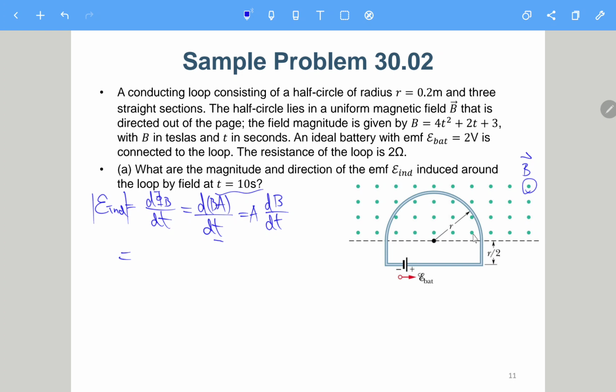Okay, so this is a half circle or semicircle, so we have half of pi r squared. r is 0.2 meter. Okay, so 0.2 squared. And then we have d phi B dt. Okay, so we can write d dt, and then B is this expression, 4t squared plus 2t plus 3.